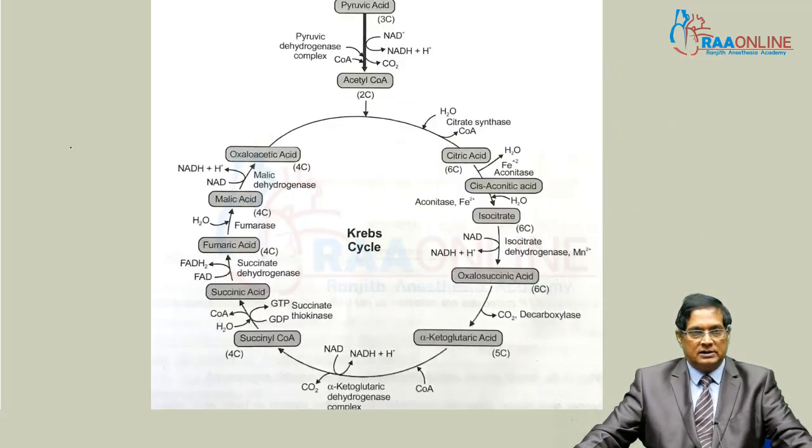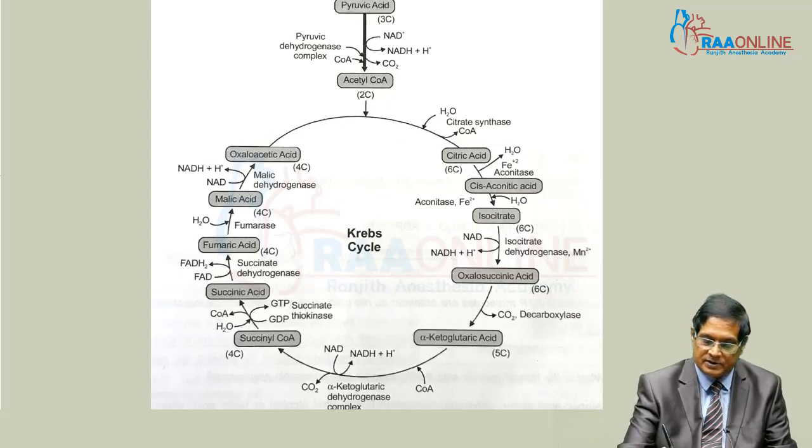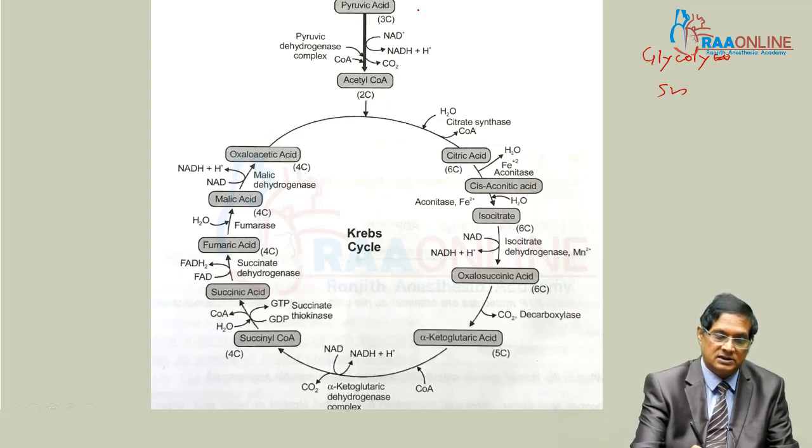This is the Krebs cycle, actually the second part. A number of questions are also based on this Krebs cycle, that is after glycolysis. This is glycolysis. Its product is pyruvic acid. This is the end product of glycolysis.